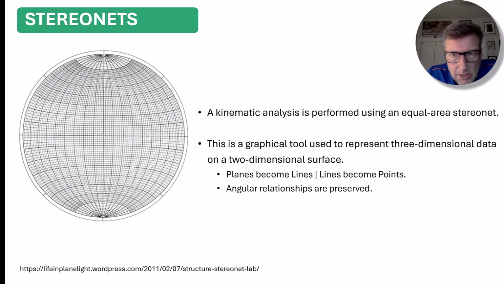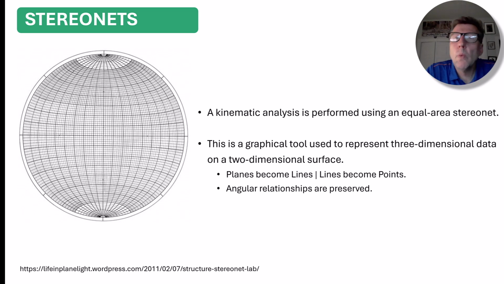Now this is really important. As we move from three dimensions to two dimensions, we lose a dimension in our plotting, so our geologic features will also lose a dimension. So what does that really mean for us?